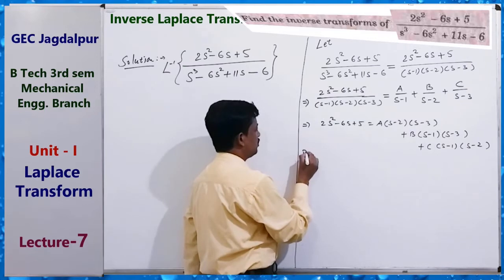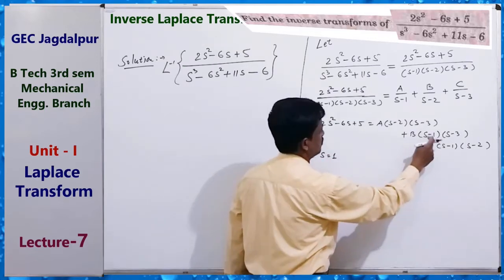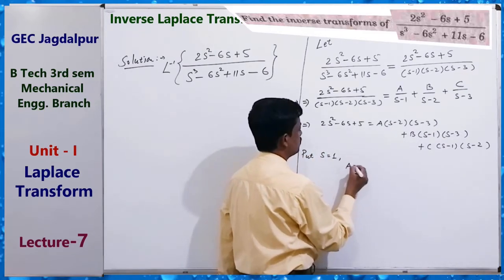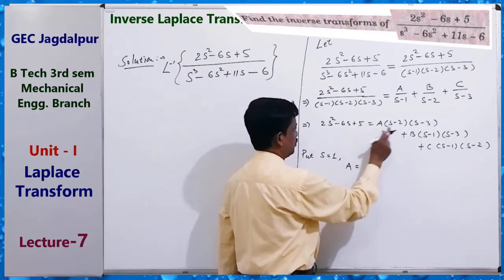Now put s equals to 1, then this is 0, this is 0, so a equals to what? s equals to 1, 1 minus 2.